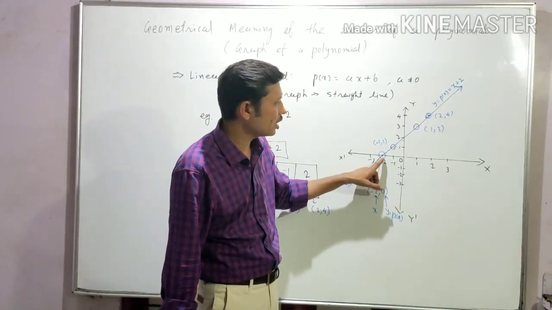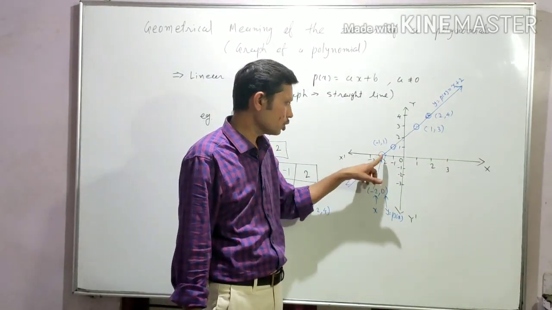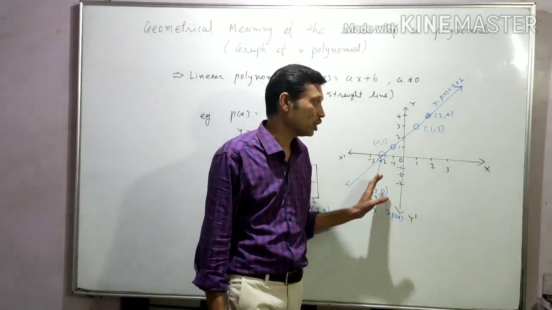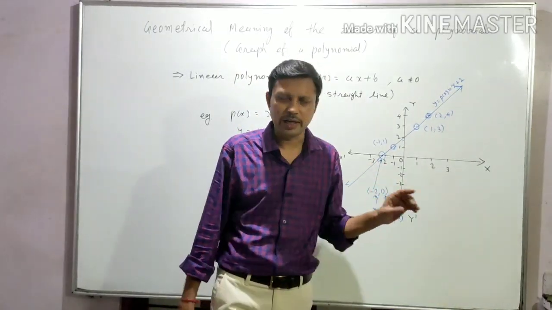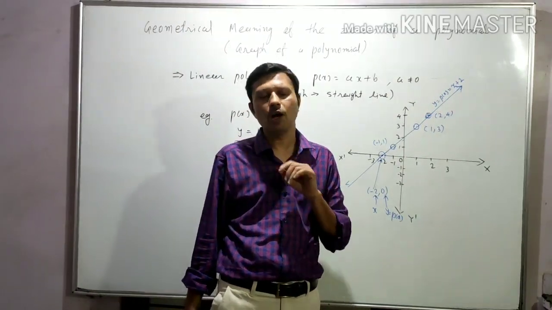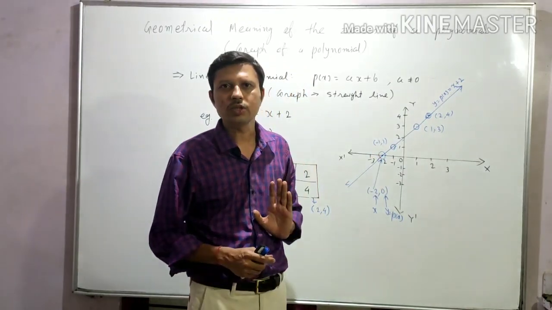Here our graph intersects the x-axis at minus 2. So at this point our polynomial value is 0. So the zero of the polynomial is minus 2. And as we discussed earlier, for a linear polynomial, how many zeros are there? One and only one. And this is the one zero of the polynomial.